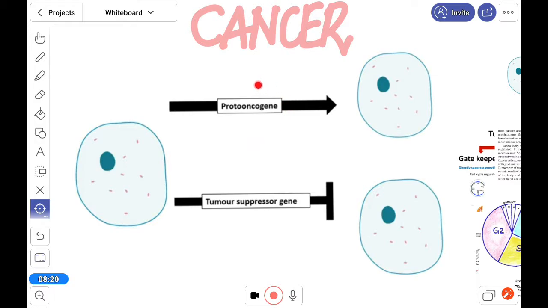When a proto-oncogene is mutated into an oncogene, always remember, from a non-functional to a functional gene, then the disease cancer will start. That is why the study of cancer is known as oncology. The Greek word onco means tumor.